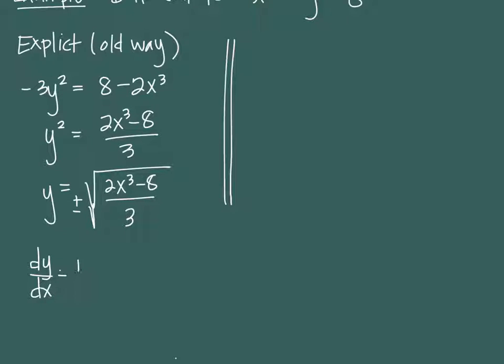So that would be plus or minus 1/2 times 2x to the third minus 8 over 3 to the new power of negative 1/2 times the chain rule of 6x squared. Not an attractive answer. Valid, not wrong, just not maybe as clean.